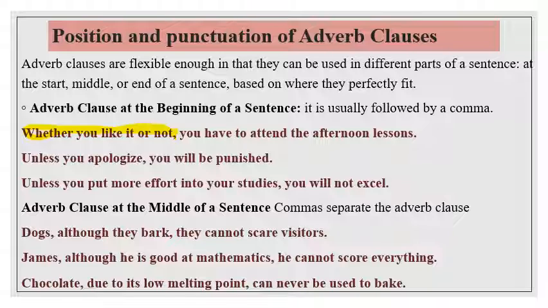But you are interrupting it after dogs by putting the dependent clause in the middle, and in this case it has to be preceded and followed by commas. James, although he is good at mathematics, cannot score everything. The third example is chocolate, due to its low melting point, can never be used to bake.